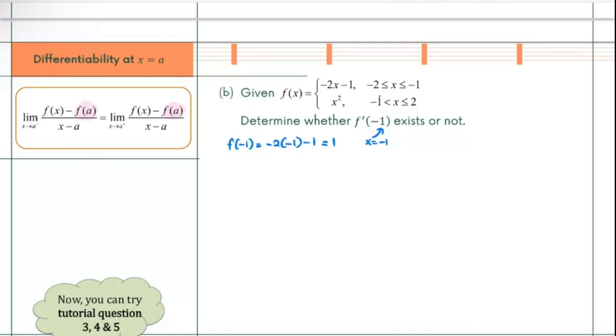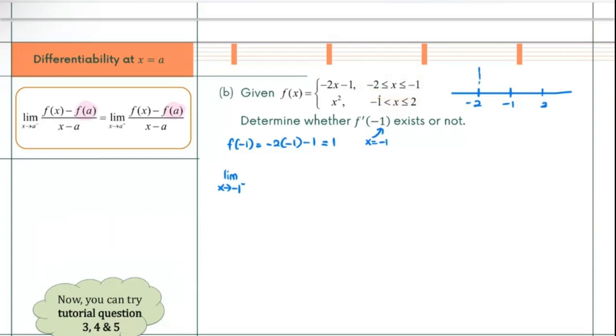Okay, so macam tadi kita akan check limit as x approaching negative 1 from the left. What will be the value of fx? Tengok kat sini. Saya buat number line supaya kamu nampak yang mana satu ya. Negative 2, negative 1 dan juga 2. Function yang diberi hanya untuk negative 2 until negative 1.